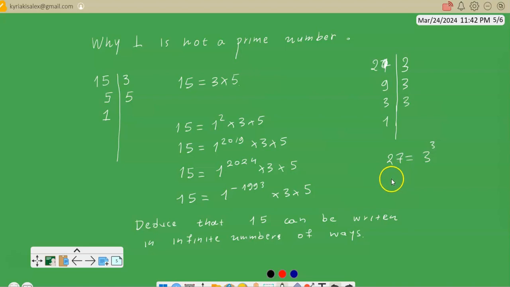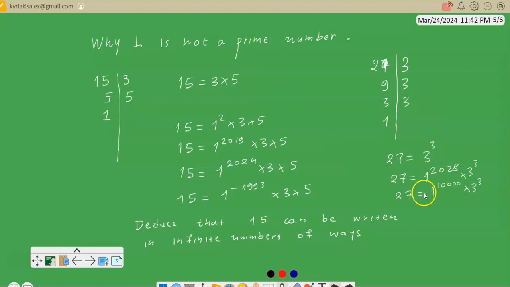So if 1 is a prime, this can be written as 1 to the 2028 times 3 to the power of 3. 27 equals 1 to the power of 10,000 times 3 to the power of 3.